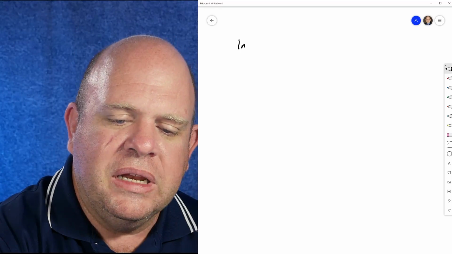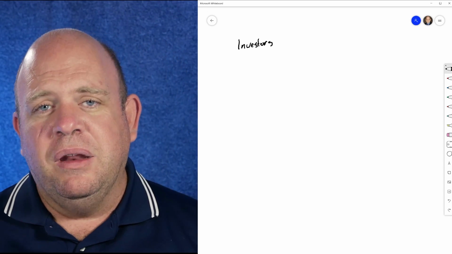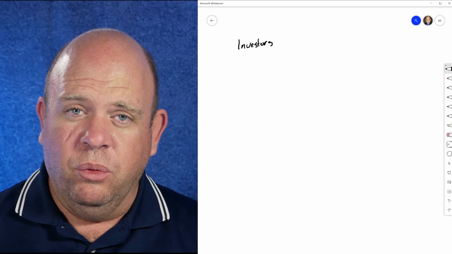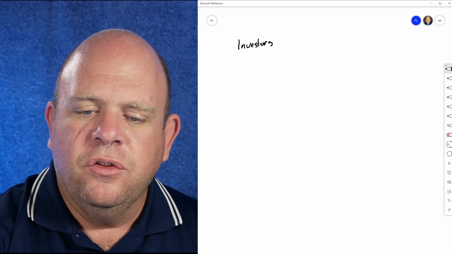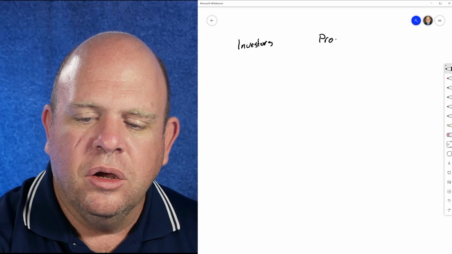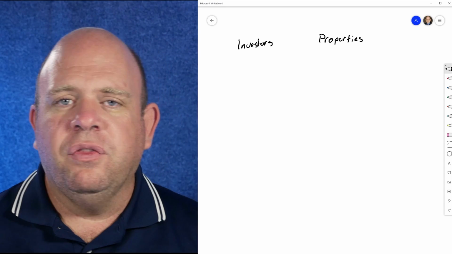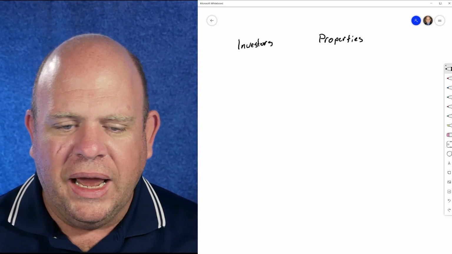We know that we need investors, right? Investors are the people who we're going to be bringing to the deal. So investors, and we know that we're going to need properties, right? Those are two things that we know we're going to have to do.